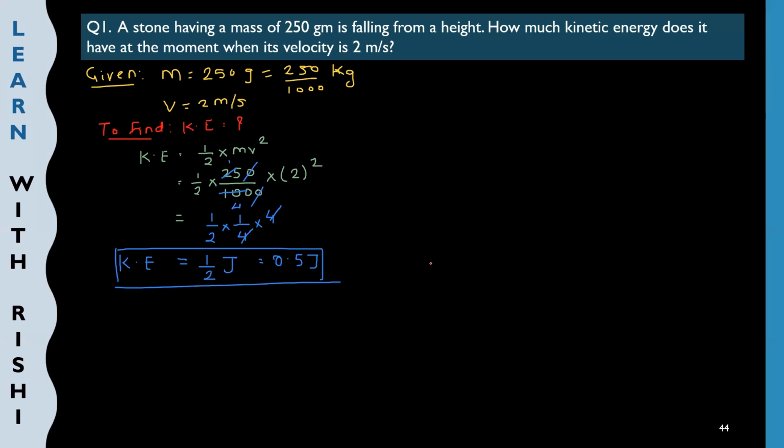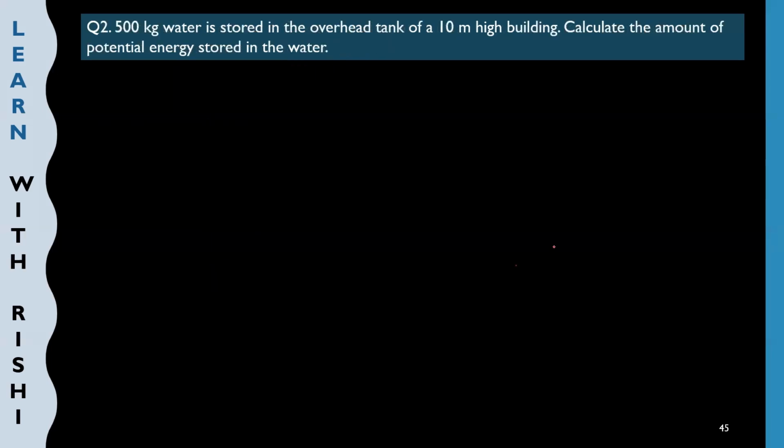Okay. Let us go to the next question. 500 kg of water is stored in the overhead tank of 10-meter high building. Calculate the amount of potential energy stored in the water. So again, the given part here is mass of the object, that is water, 500 kg.